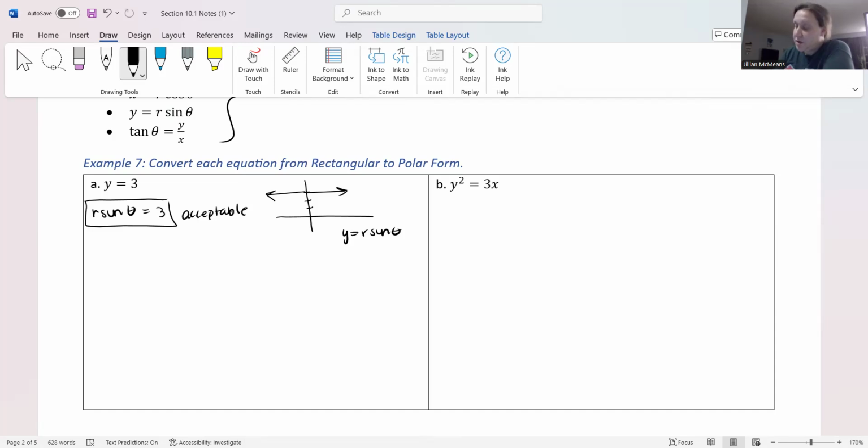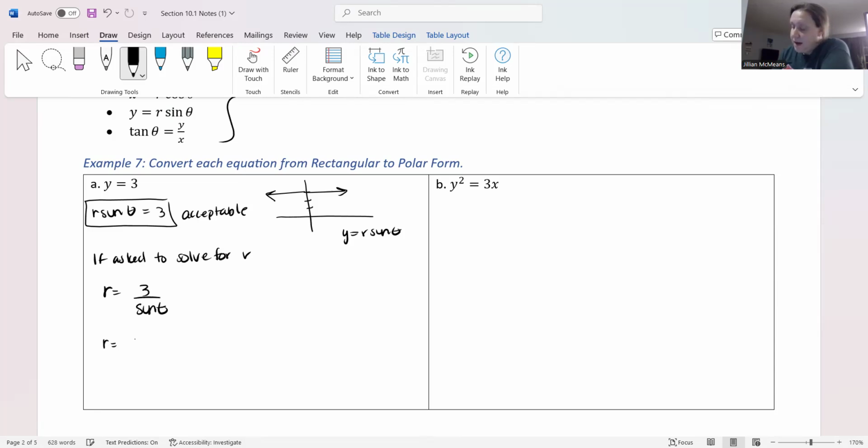But if you were asked to solve for r, then do it. Now you have to make sure sine of theta isn't equal to 0 here. So we are making the assumption that sine of theta is not 0. But we would divide both sides by sine of theta. So we would get r equals 3 over sine of theta.